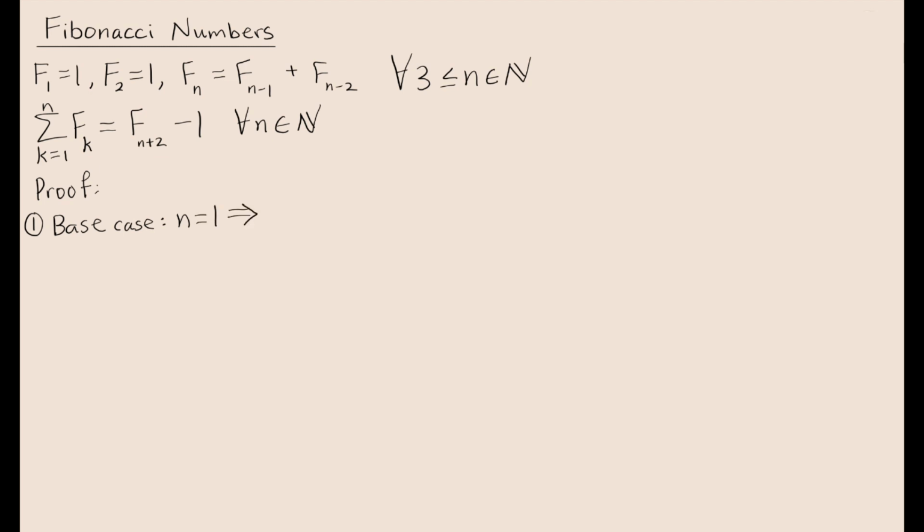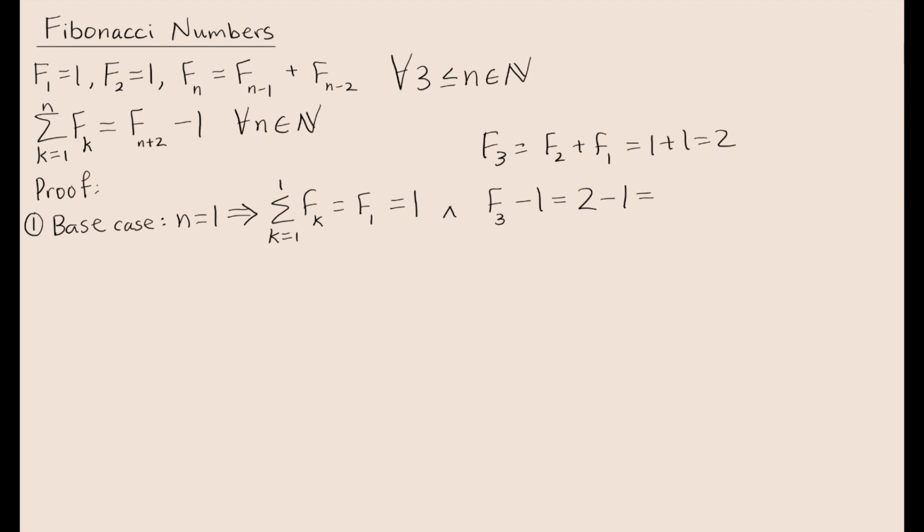So the sum from k = 1 to 1 of f_k is just f_1, which is 1. And f_{1+2} is f_3, minus 1. Well, what's f_3? f_3 is equal to f_2 plus f_1, 1 plus 1 is 2. So f_3 minus 1 is 1, and 1 is equal to 1, which implies that the base case holds.